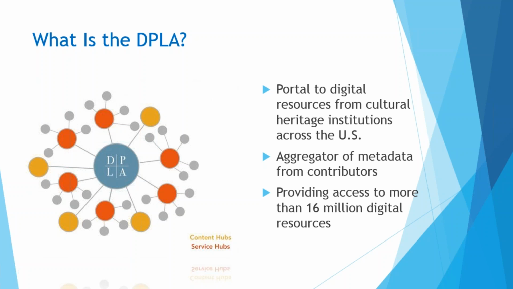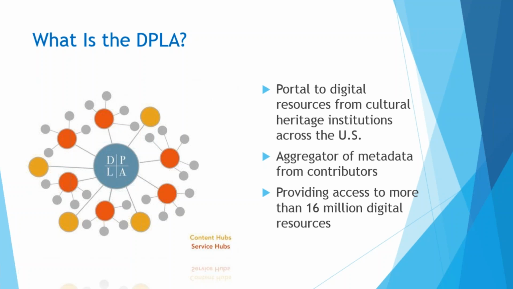The metadata is harvested by DPLA from content and service hubs. So the Illinois Digital Heritage Hub is a service hub. And that means that we are pulling from a lot of different contributors. Generally speaking, content hubs are only pulling from one contributor. The digital resources that are available through DPLA include items in different formats such as photographs, documents, three-dimensional objects, video, and many other different formats.